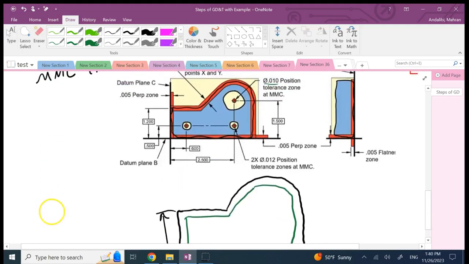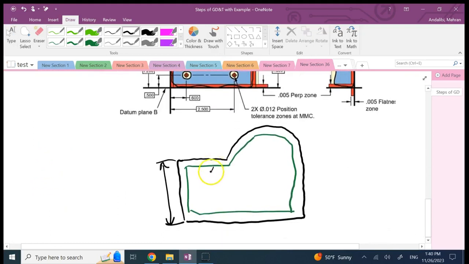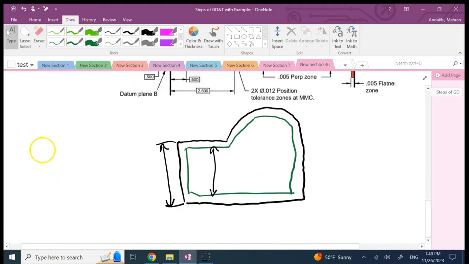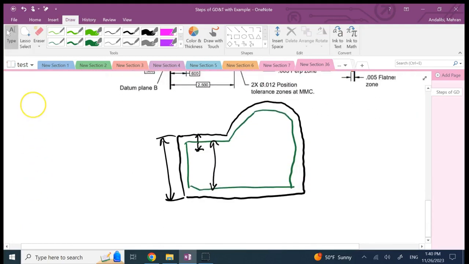And then you have your basic dimension here, for example 1.2. And then here you're allowing for, as I said, 0.1 above and 0.1 below it. So it's 0.2. And the same thing here, 0.1 above it and 0.1 below it.